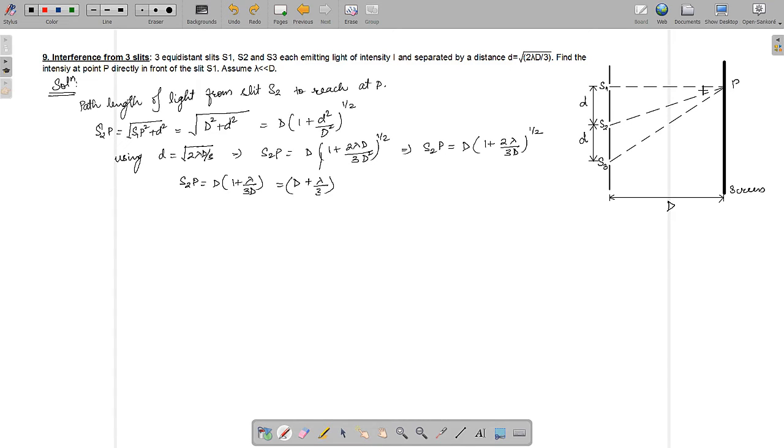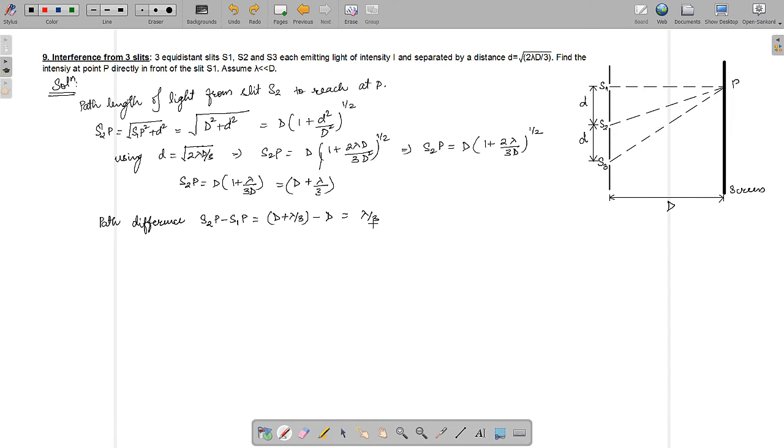Now, to find the path difference, S2P minus S1P is equal to D plus lambda by 3 minus D, which is lambda by 3.